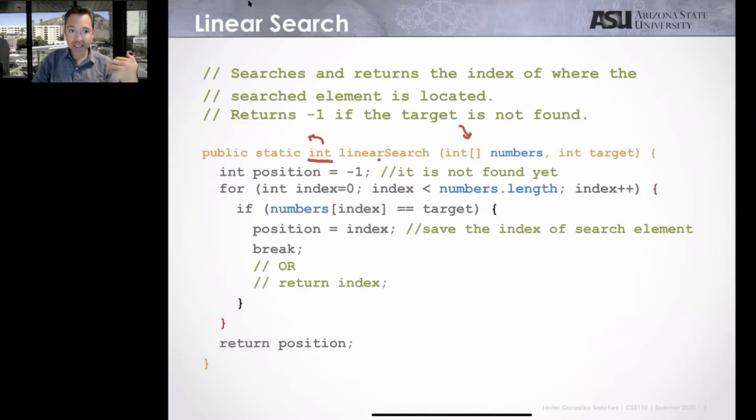If the data is not in the array, if I am searching for something that does not exist, well, I want to return -1. Can you imagine why -1? Why not 0? Well, if I return 0, I am telling my user that the data is in the position 0, because 0 is a valid position in an array.